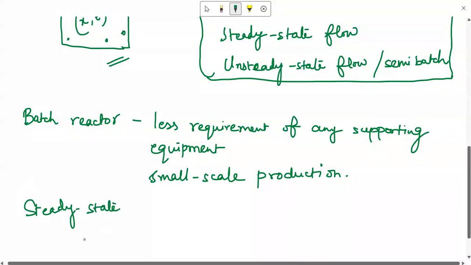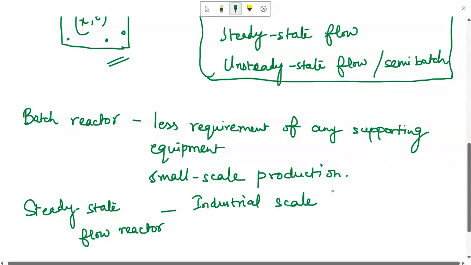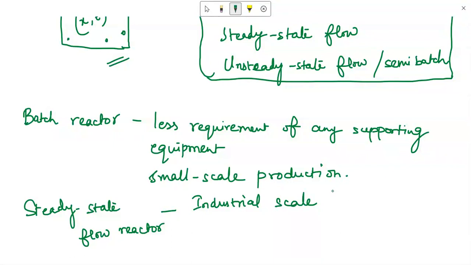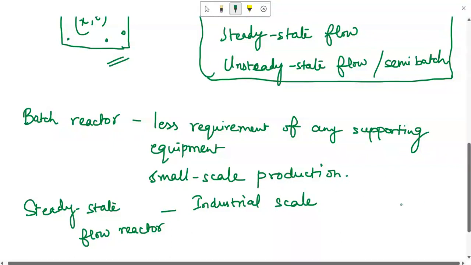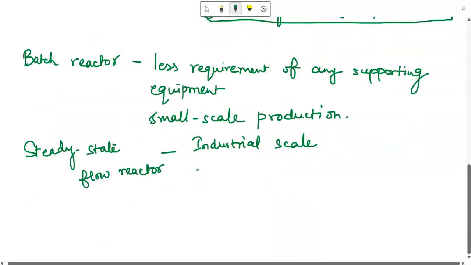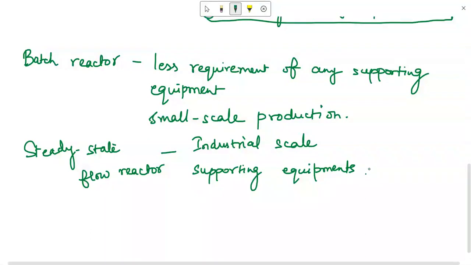Okay, now the next type is steady state flow reactors. So this is a very common type of reactor seen at the industrial scale. Okay, and the best part is that it operates at a steady state, and of course you will need supporting equipments, but these are extremely efficient and very easily operated with the ideology of automation and so on.